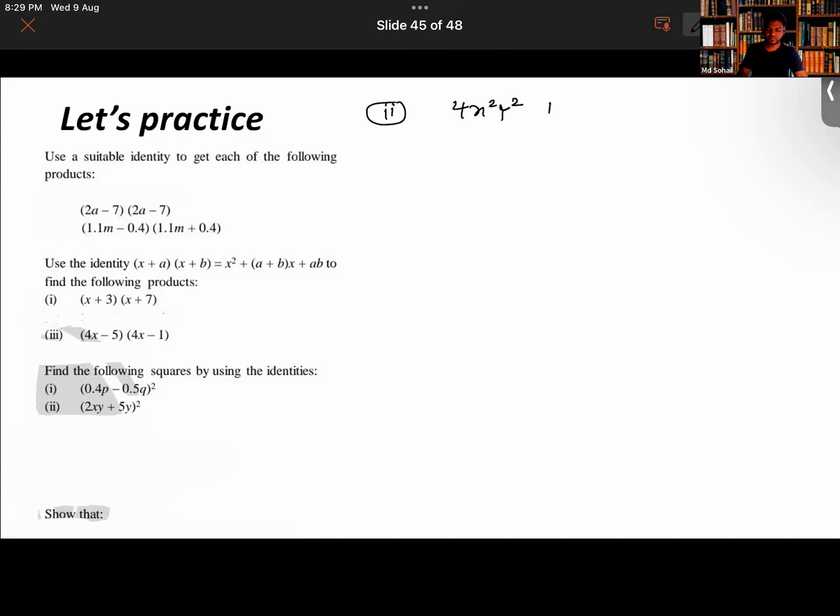Okay, Arham, did you also get the answer? Same. 4x square y square plus 20xy square plus 25y square. Okay, very good, both of you.